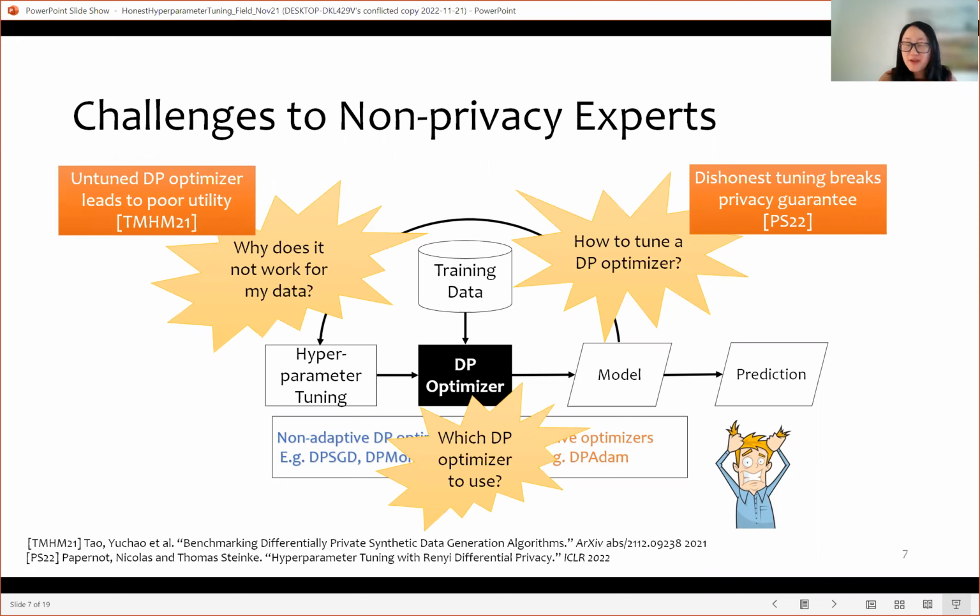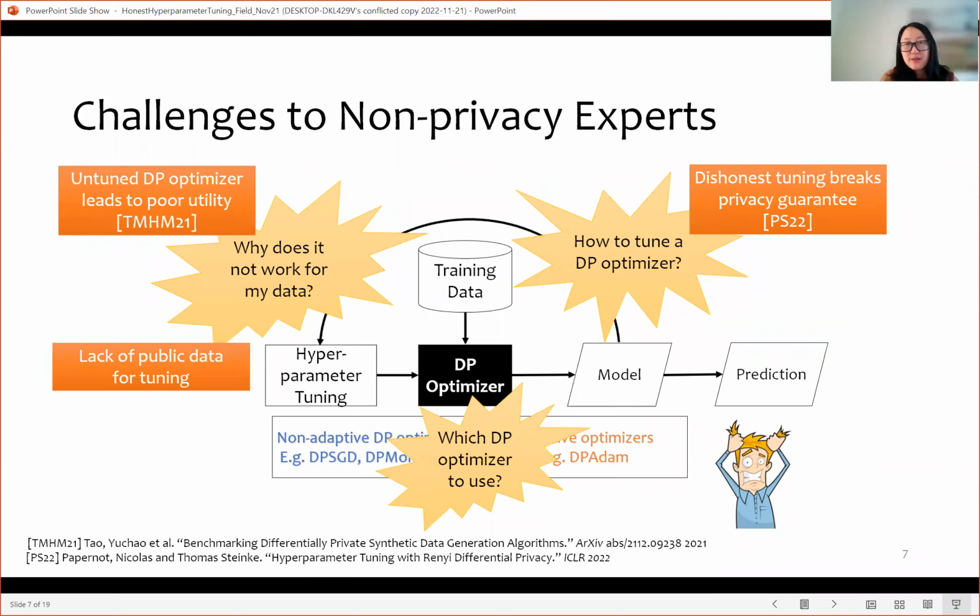So what do we do? Is there something like a public dataset to support the tuning process? The answer is that usually we don't have such nice public datasets for setting the hyperparameter configuration, because the one that works best for the public dataset may not necessarily work for my sensitive data.